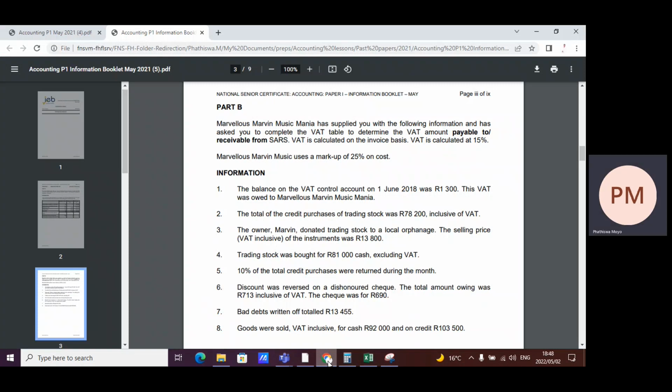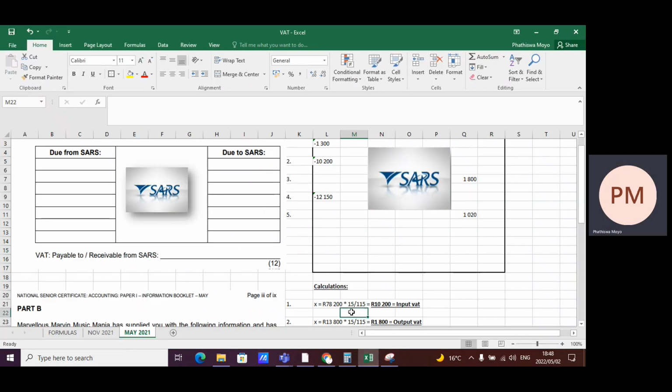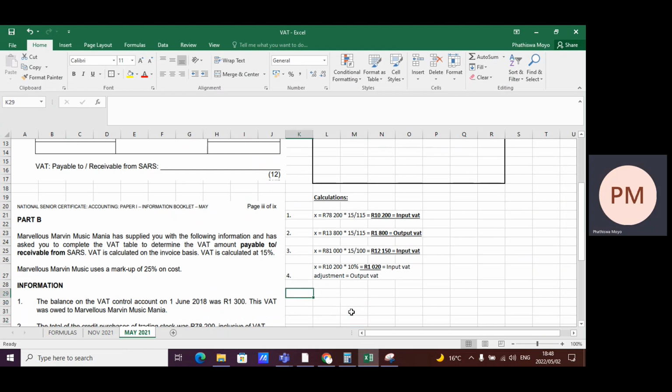Discount was reversed on a dishonored check. The total amount owing was 713. Above that, the check was 690. Okay, that's 2 minutes.